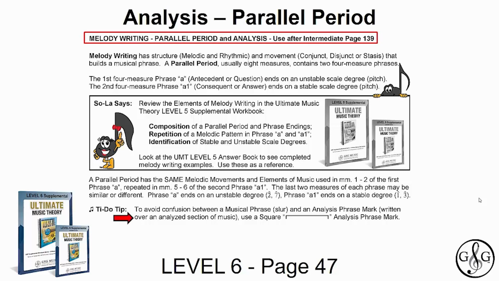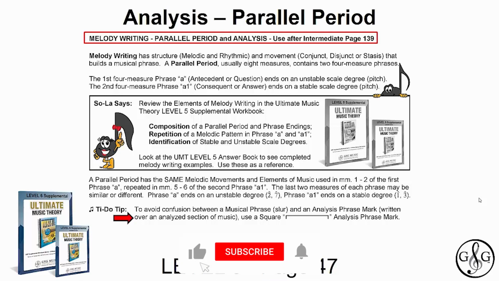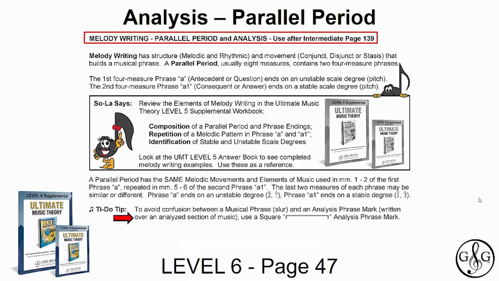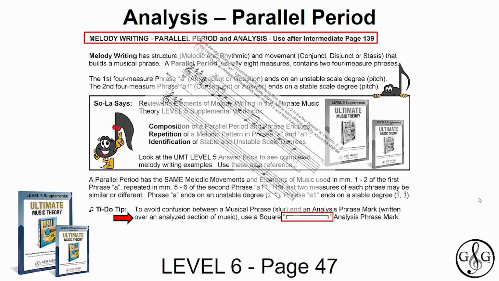To avoid confusion between a musical phrase, which is of course a slur, and an analysis phrase, which is written over an analyzed section of music, use the square analysis phrase mark. That square analysis phrase mark is what we want to use when we're identifying whether it's an A or an A1 or whatever it is.